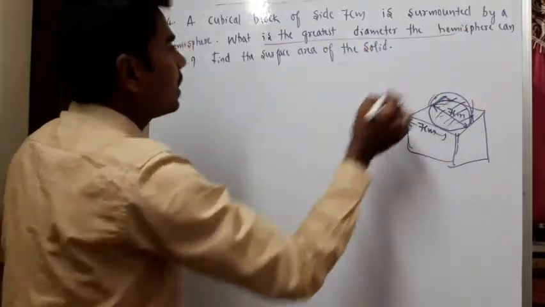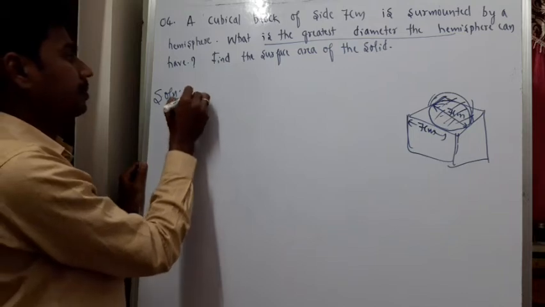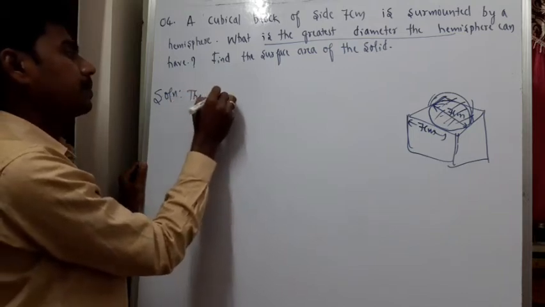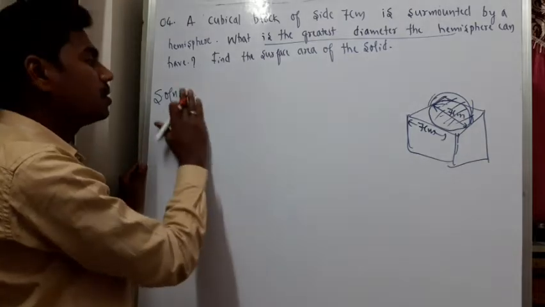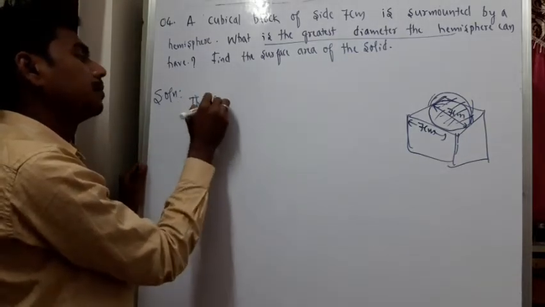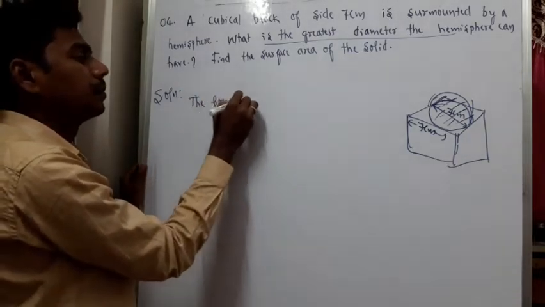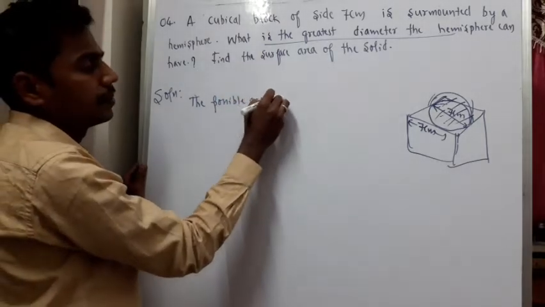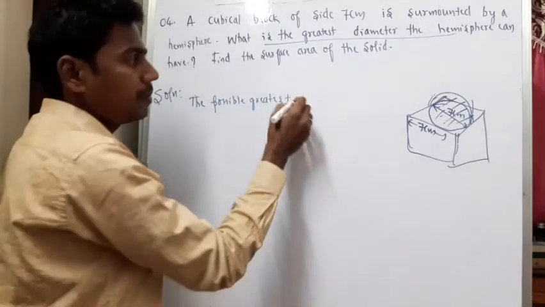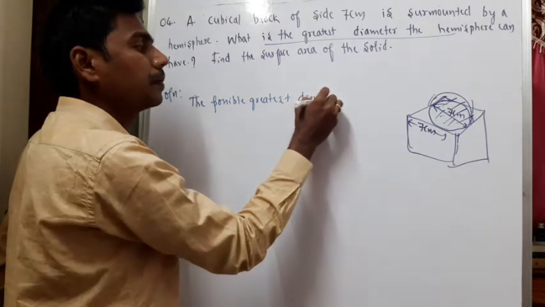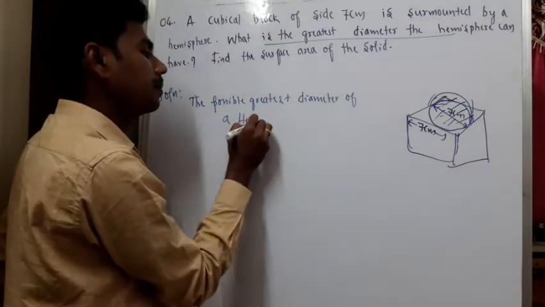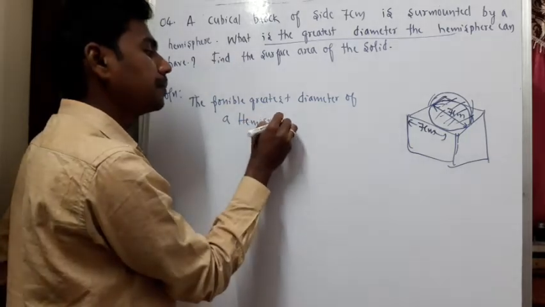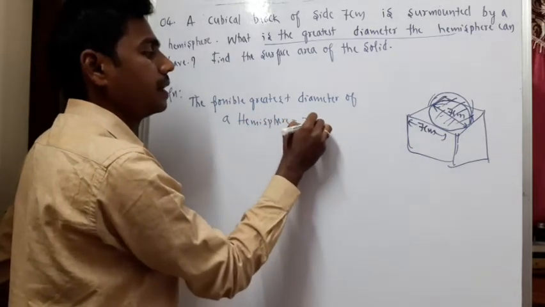The greatest possible diameter of the hemisphere is equal to 7 centimeter.